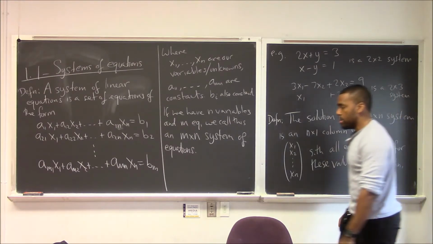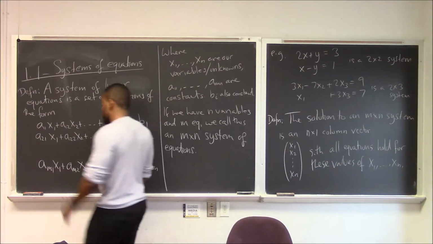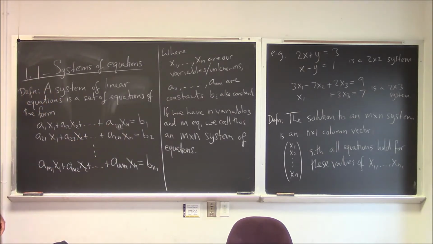Right? So find me a list of values for the variables x1 through xn such that if I use those values, literally every single equation in this system will make sense. If no such vector exists, then the system is said to not have a solution, and we call that inconsistent.